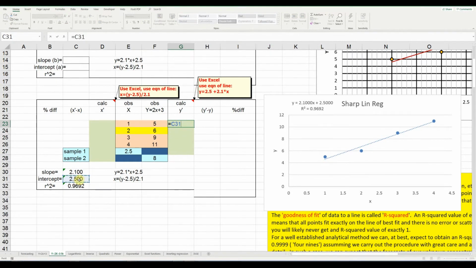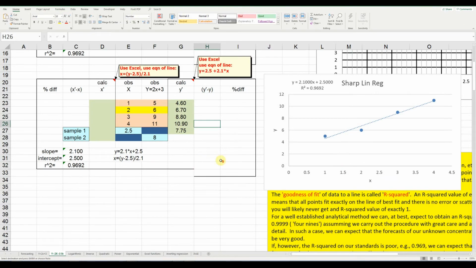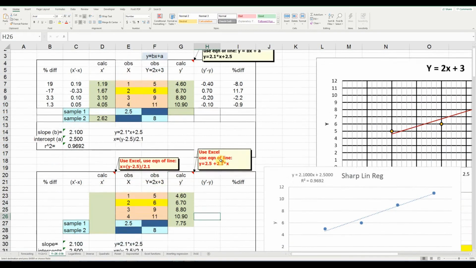We need an absolute reference to this cell, so press F4, plus the slope, which is here on cell C30, F4 for absolute reference, times the value of x, which is in cell E23. Say enter, and you can drag that value down. Those should be the same values you got from the calculator. I'll just scroll up, and yes, those are the same.